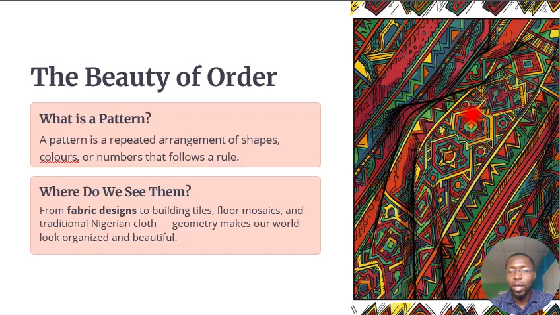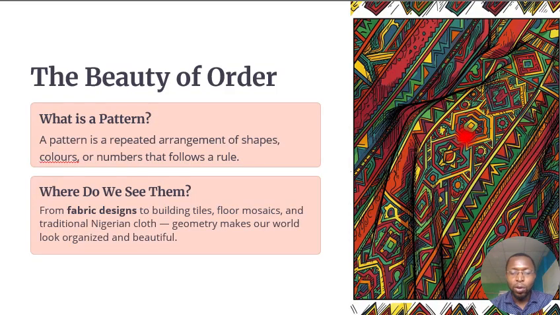A kind of polygon shape, a hexagon shape. So it was repeated here, repeated, and each design in it is repeated. This is what we call a pattern. It's a repeated arrangement of shapes or even colors.